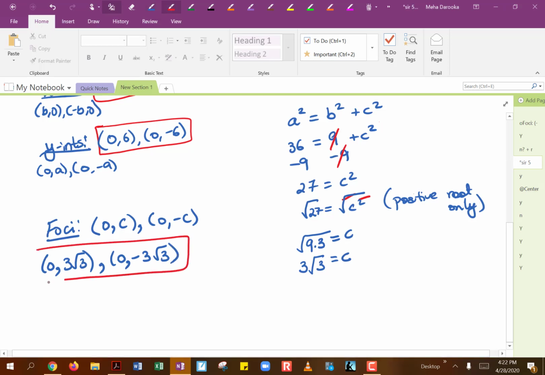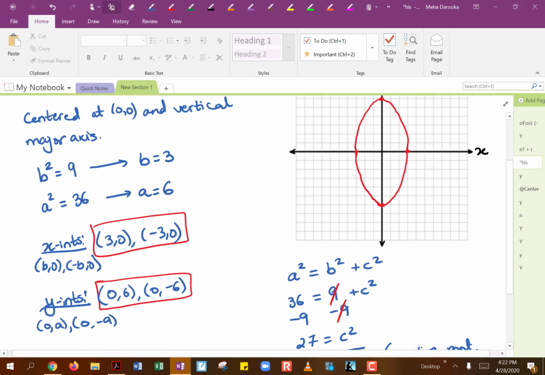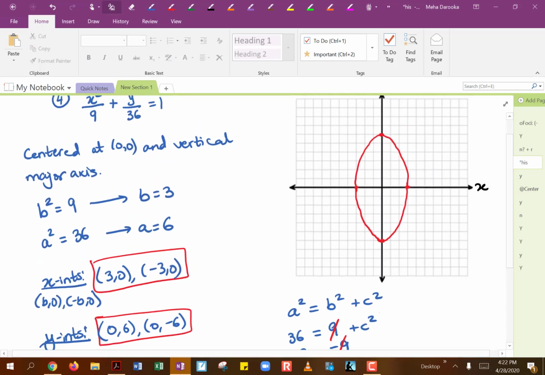Okay, so now that we have our foci, let's plot them on our graph, but let's see what their decimal approximations will be. So 3 square root of 3 comes out to be approximately 5.196, so about 5.2. So we'll be doing positive and negative 5.2 on our y-axis. So about 5.2 on the positive side and 5.2 on the negative side.